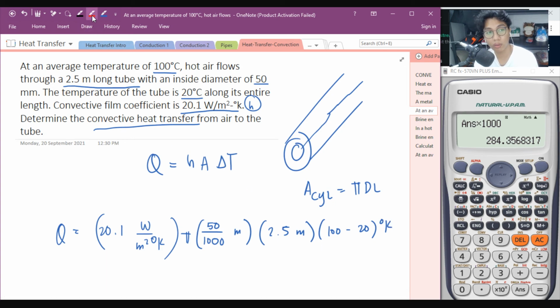We now calculate the value of Q. Dapat yan, watt. So, meter squared, cancel natin. Delta K or delta T, yung K makancel. So, ang lumabas na lang is watt.